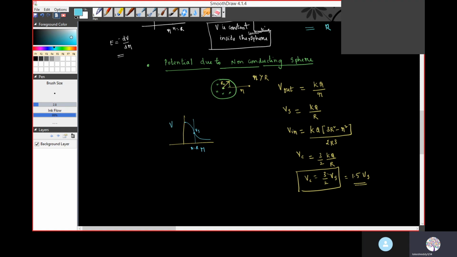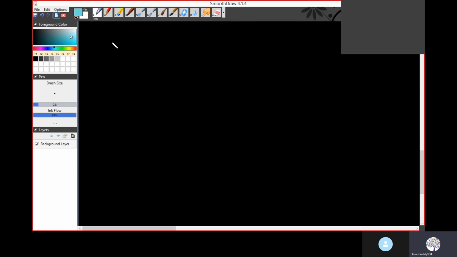Now we'll go for the next concept, equipotential surfaces. Now you take a charged particle.